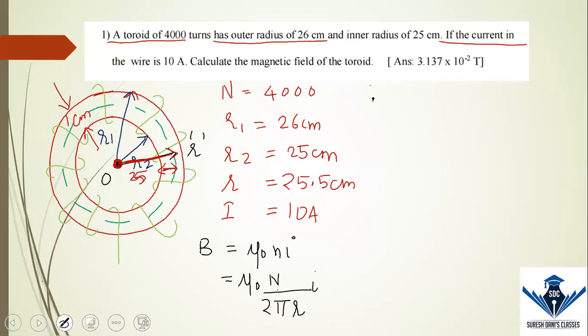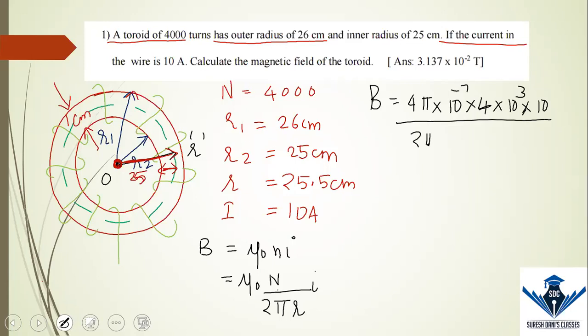Our answer over here is B is equal to mu naught, which is 4 pi into 10 to the power minus 7, into the number of turns, 4 into 10 to the power 3, into the current 10, upon 2 pi into r, that is 25.5 into 10 raised to minus 2. So will you be able to calculate this and give me the answer? Please calculate, everybody.